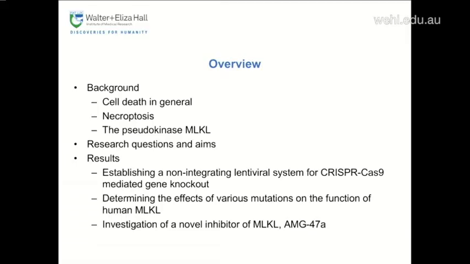So what I'll go over today is just a little bit of background on cell death in general, then focus on necroptosis and the pseudokinase MLKL, which is our lab's favourite protein.